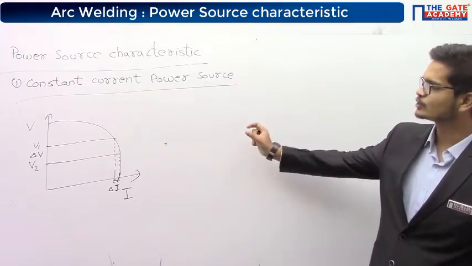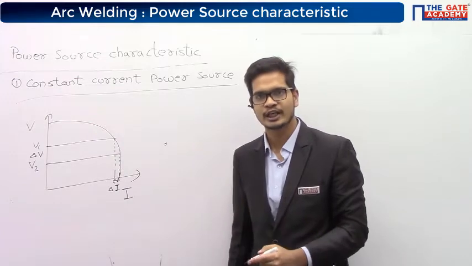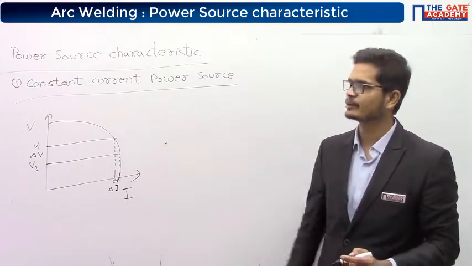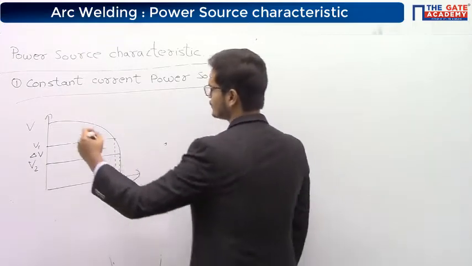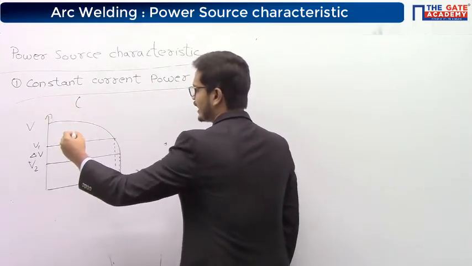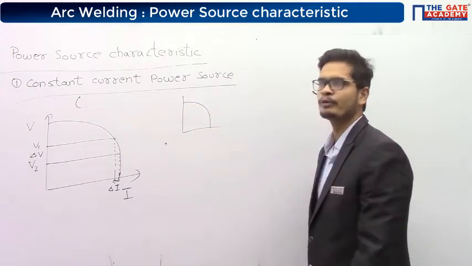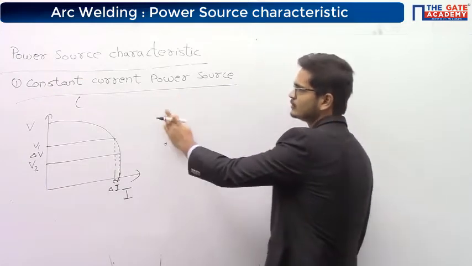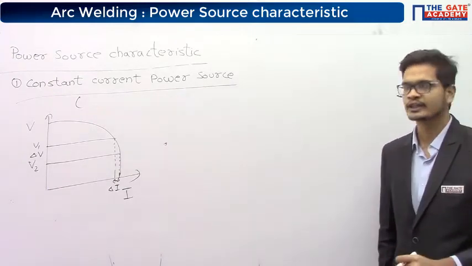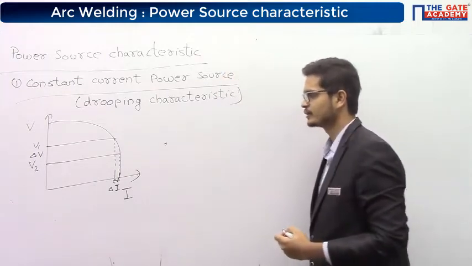That's why the power source which follows this graph is called a constant current power source. This kind of graph is called a drooping graph, drooping characteristic.